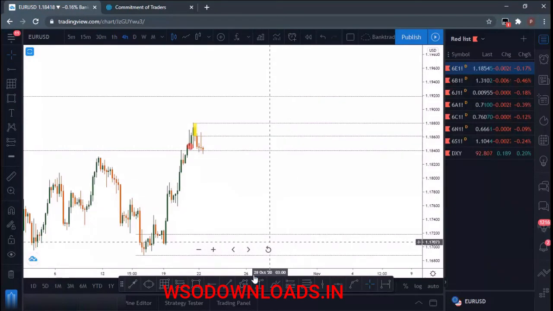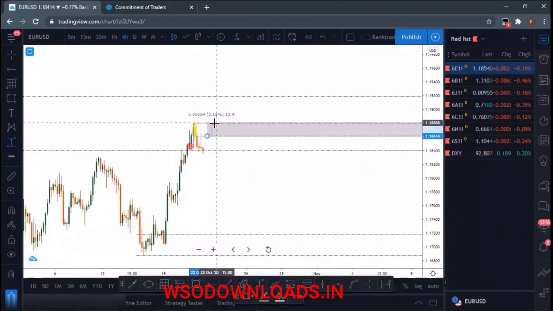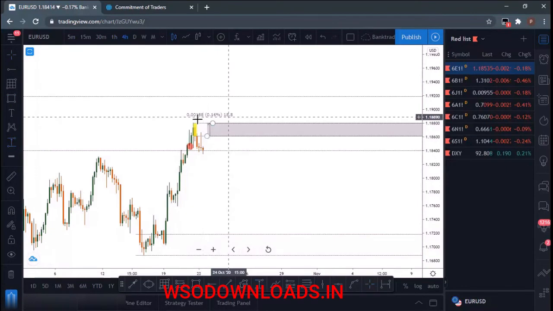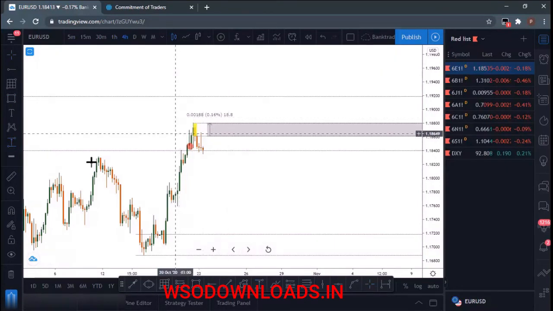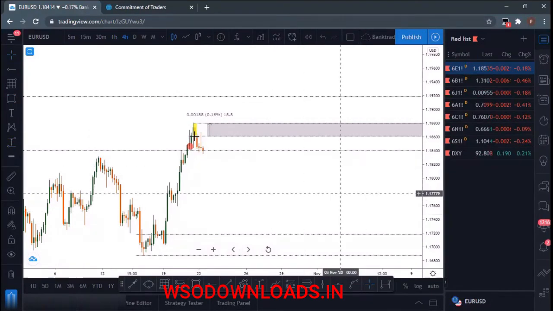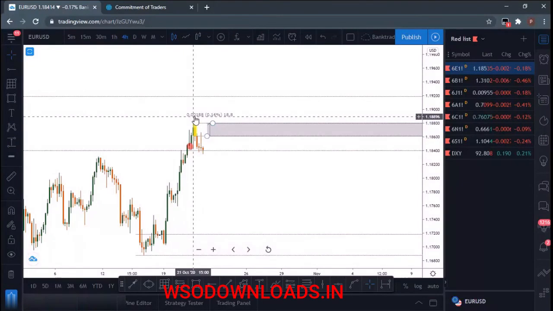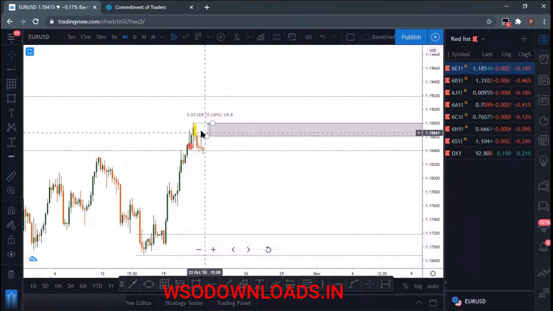So there were some questions: can I enter a trade on the 4-hour? Yes, you can. You can see that this is just 18 pips, so you can enter trades using the same confirmation. You can take trades on the 4-hour as long as the order block is still less than 30 pips. Remember that we want an order block to be less than 30 pips.